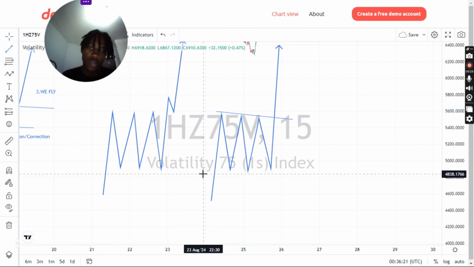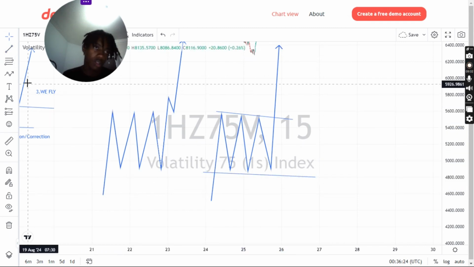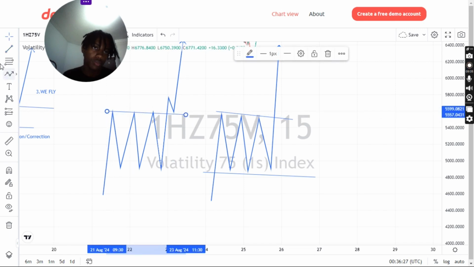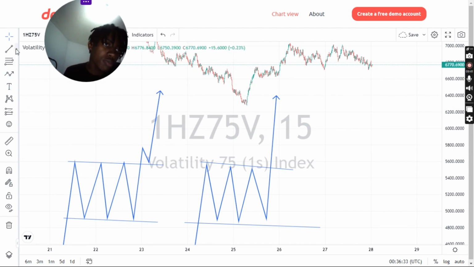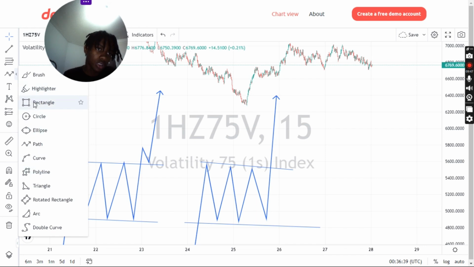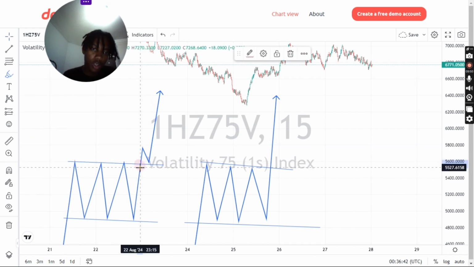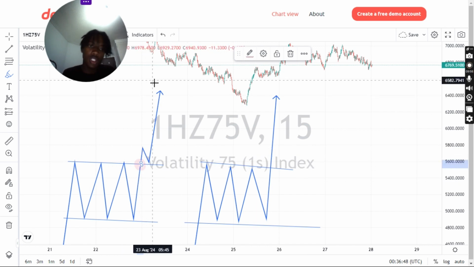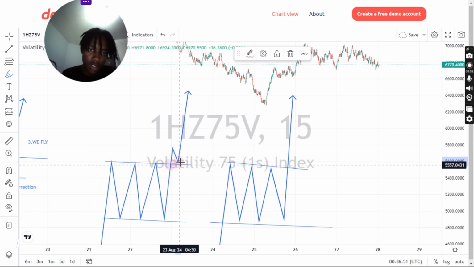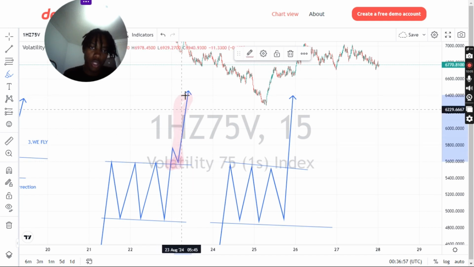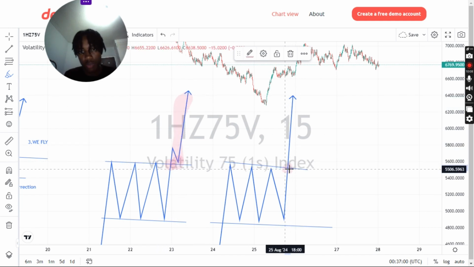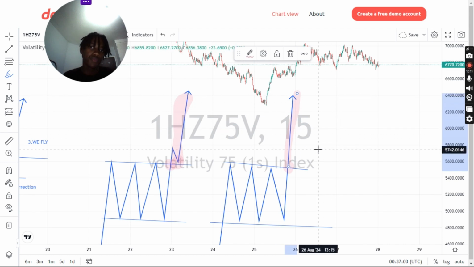When I say we have 2 points of entry, let me show you what I mean. The first break over here is entry number 1, and if it continues up, boom, profits. If it reverses, giving us a retest, then we have entry number 2, and then boom to the upside. If we have a clean break, it will just be one entry and then boom to the upside. You get me?